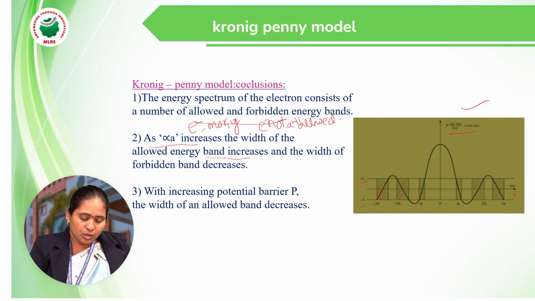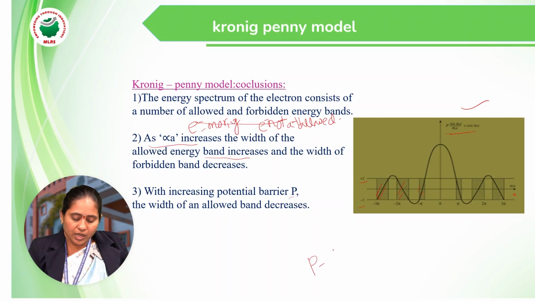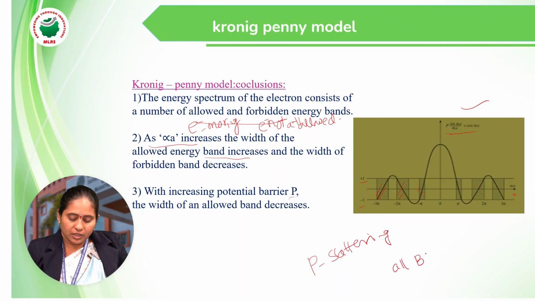And also, if the P value, that is the barrier or scattering power value, also increases, what will happen? The allowed band width decreases and the not allowed band width increases.